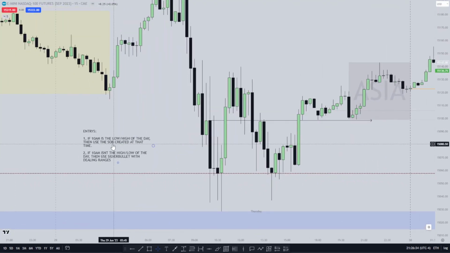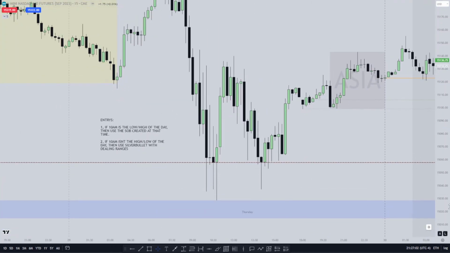The reason why we don't need a daily range is because of the rules. If 10 a.m. is the low or high of the day, then use the SOB created at that time. There's the 10 a.m. right here. This candle created the CSD, then entry right here. And entry came around this time right here.